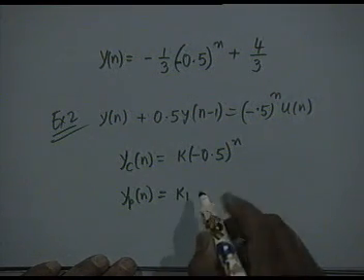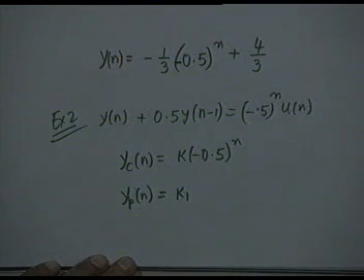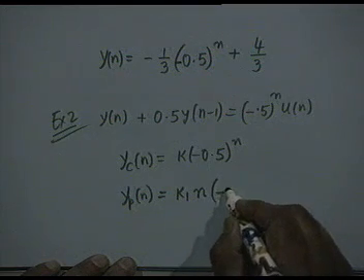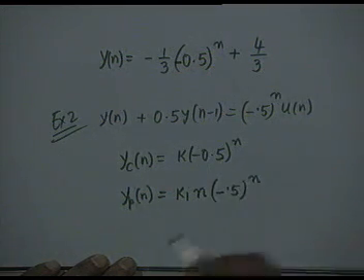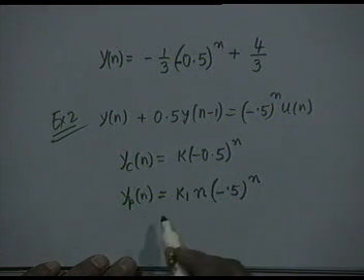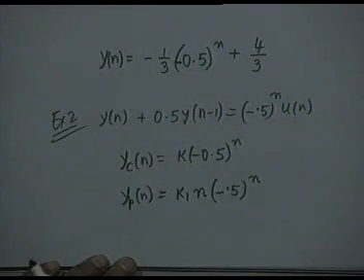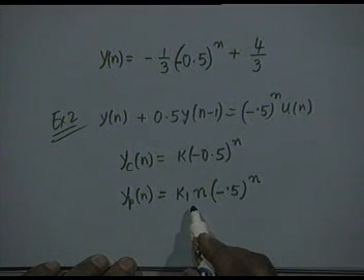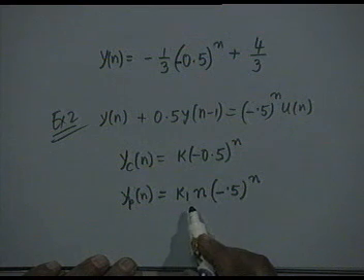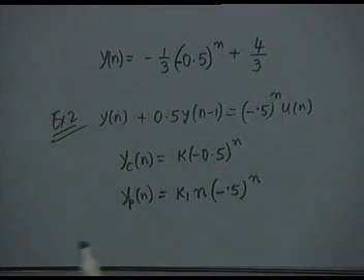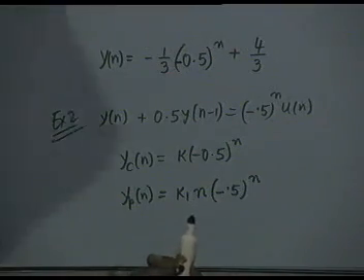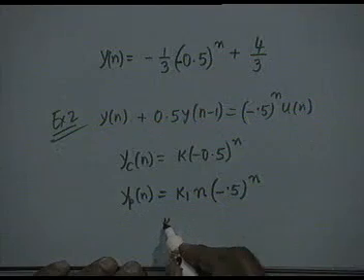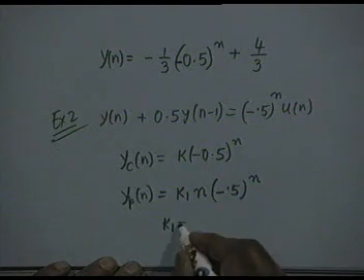So what you do is exactly like repeated roots, you multiply by n and then put minus 0.5 to the n. Substitute it in this equation to find what is k1, and if you do that, I have done that, I will omit the calculation. If you substitute that, we get k1 as equal to 1.